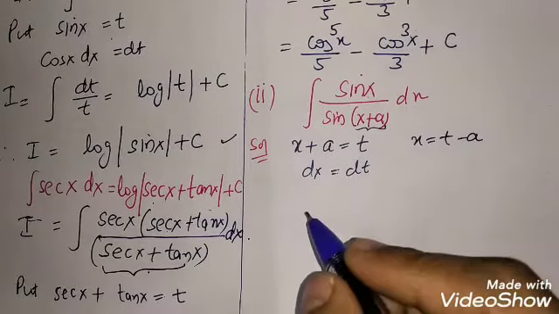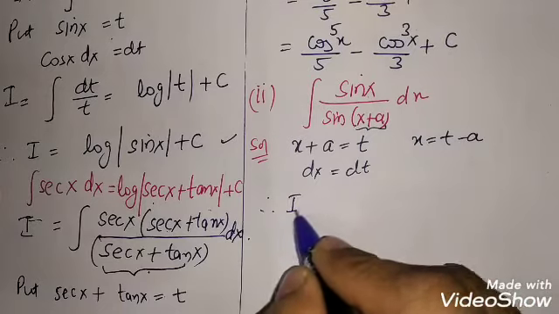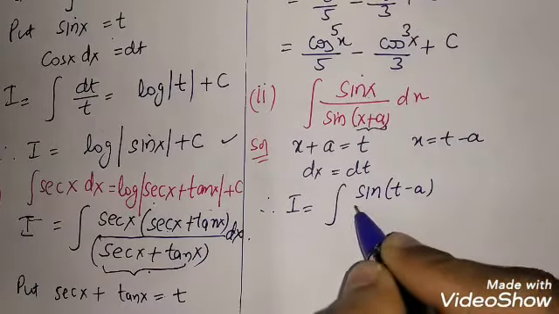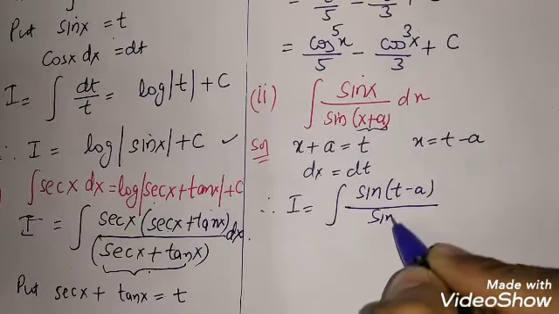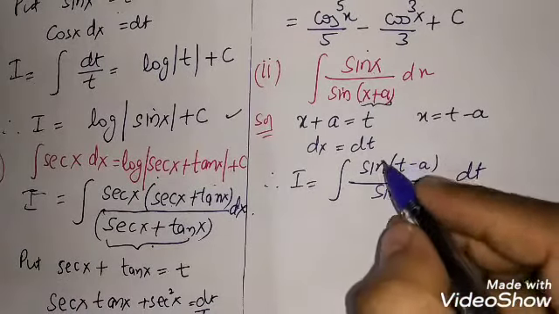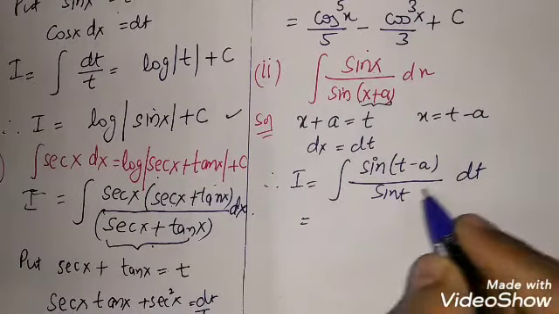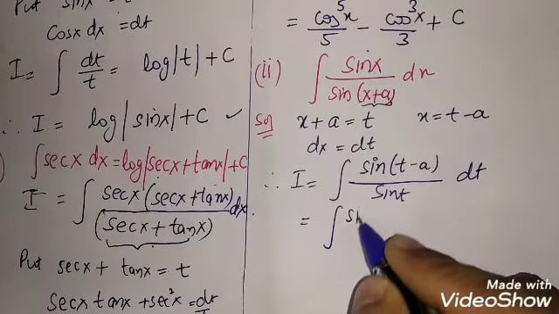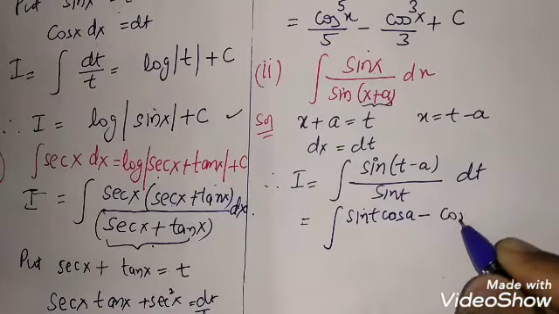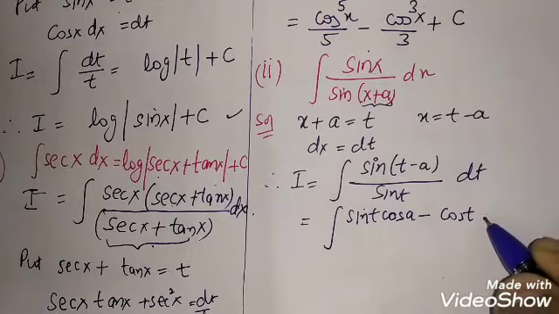Again very easy. Therefore the integral is equal to integration of sine of t minus a upon sine t, and this dt. The value of sine of t minus a is what? The sine a minus b formula is sine a cos b minus cos a sine b.